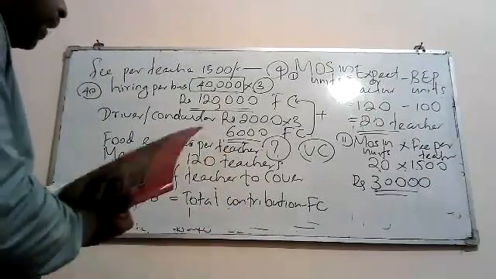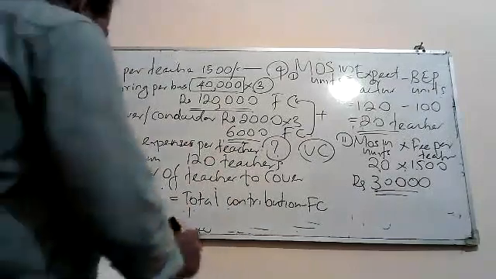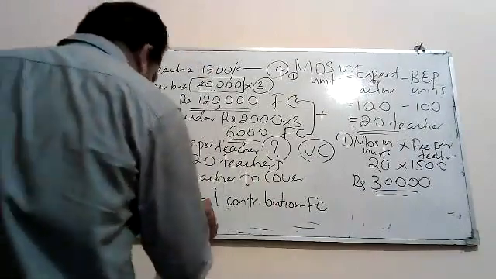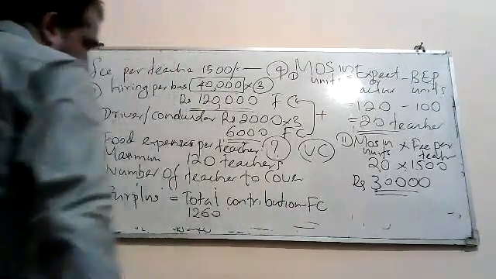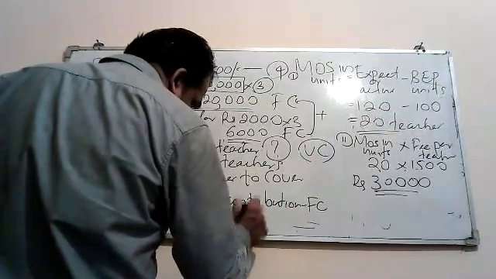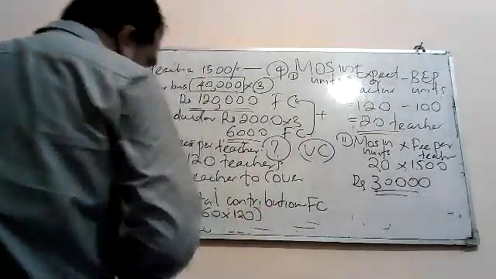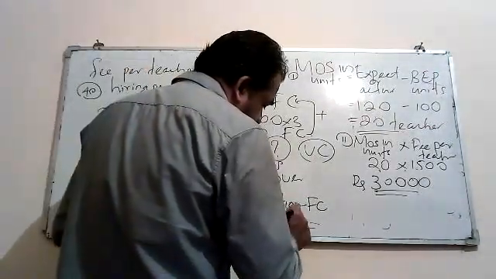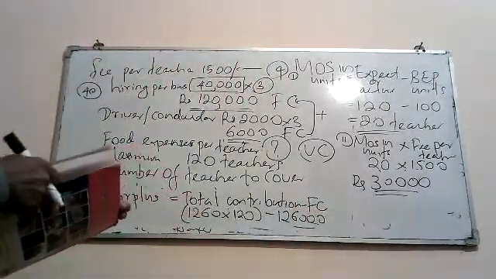Then we multiply by 120. Total contribution is the unit contribution 1,020 multiplied by the number of teachers. From that you can deduct fixed cost 126,000.